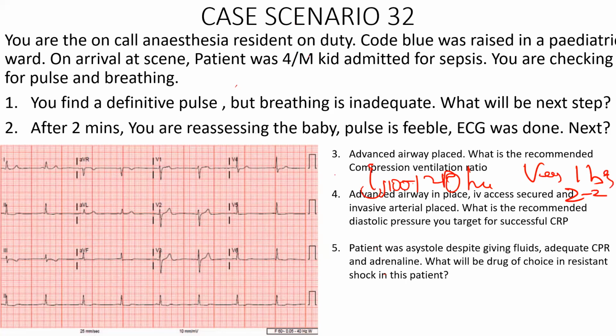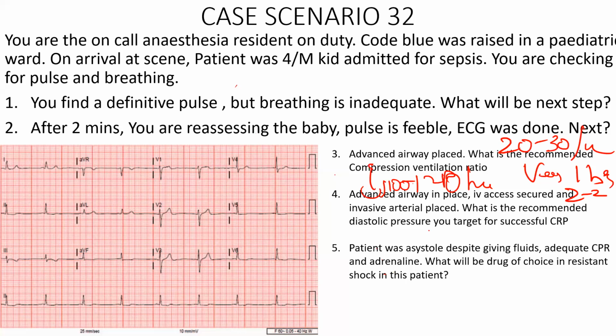So there is no relationship like you have to wait 15, then 2, or 30, then 2. When the advanced airway is placed, compression will go at its own pace, and ventilation will go at its own pace. Understand this point. You're compressing at 100 to 120 per minute, and you ventilate one breath every 2 to 3 seconds, which means the breath rate will be 20 to 30 per minute. Do you understand this point, guys?